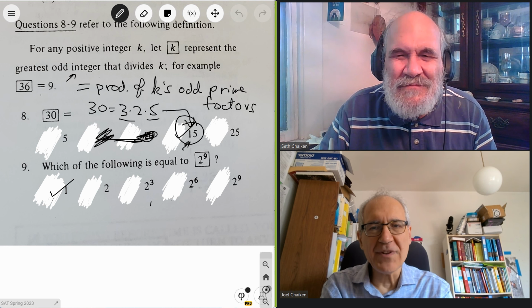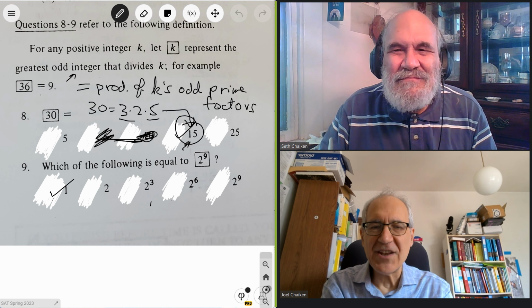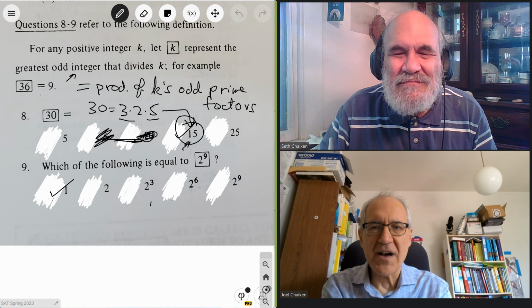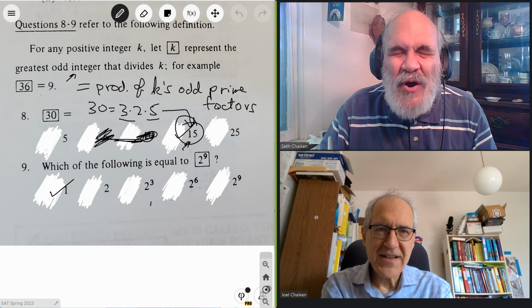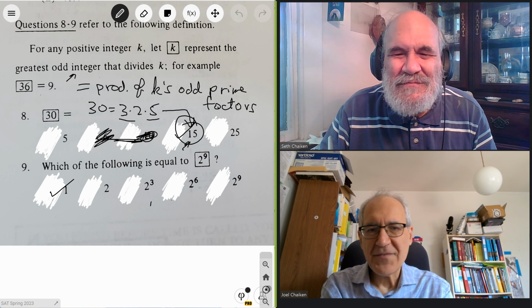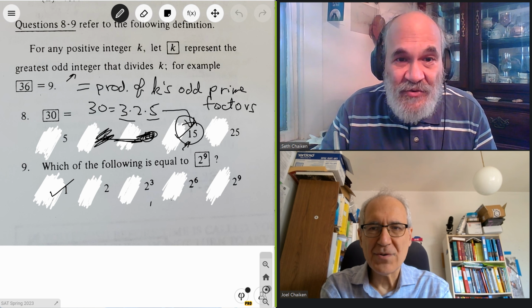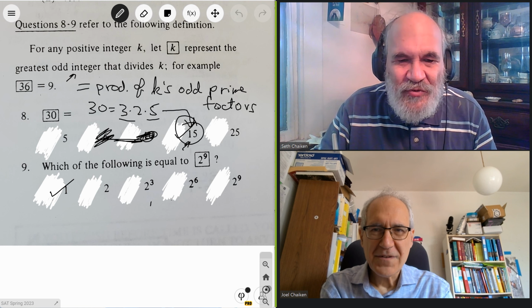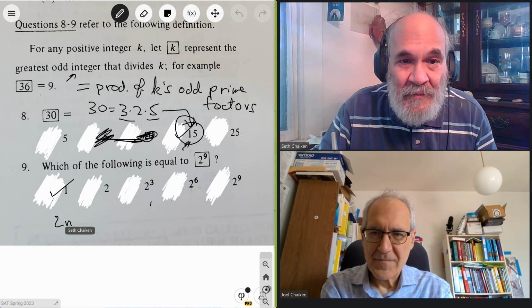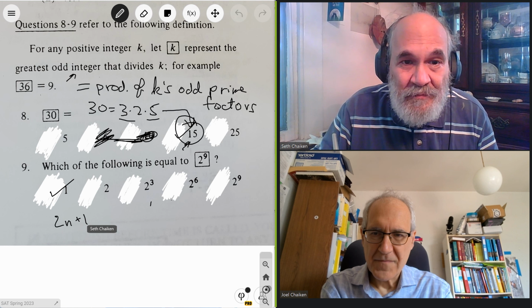In other words, if you multiply any two odds, you will always get an odd. Is that true? Oh yeah. Wow, I never even thought about that. I guess that's, well, true. The proof is that every odd number has the form 2n plus 1.